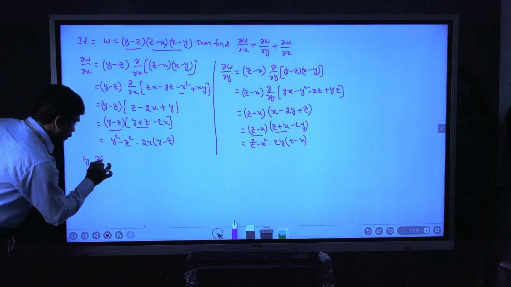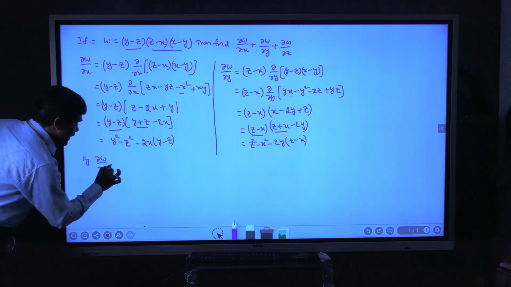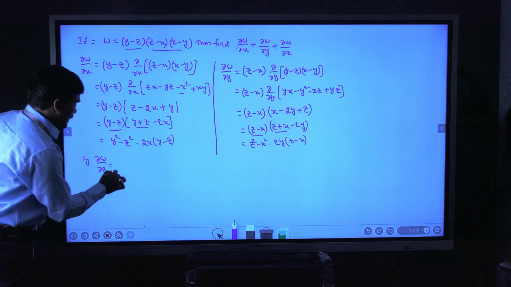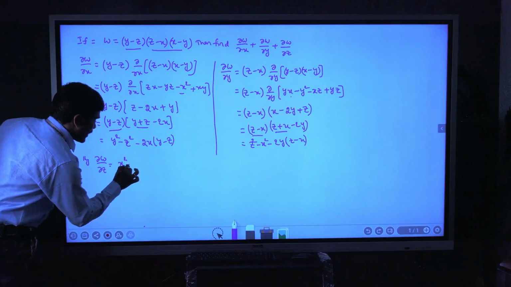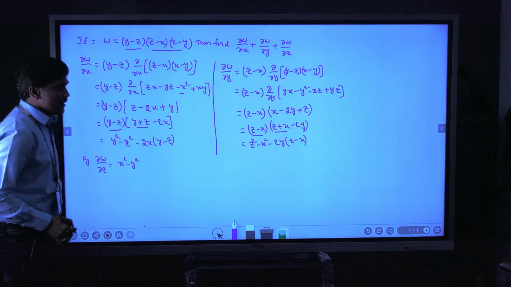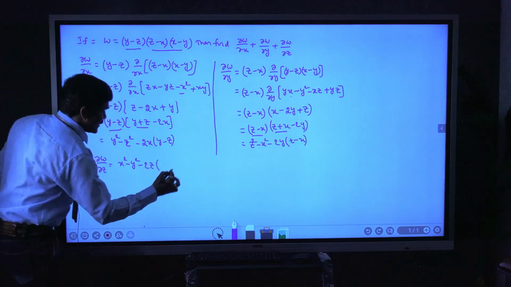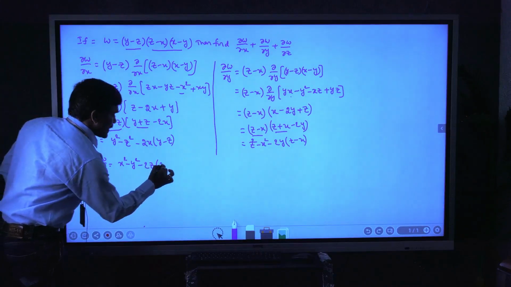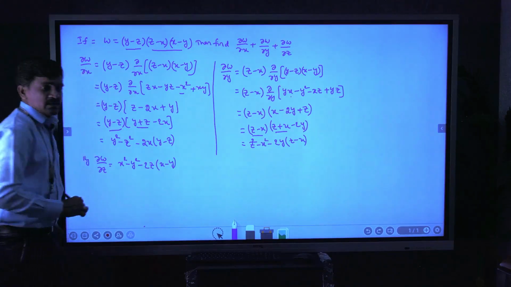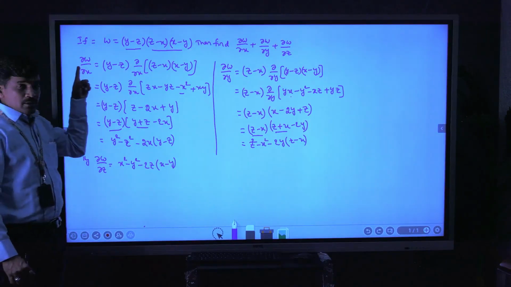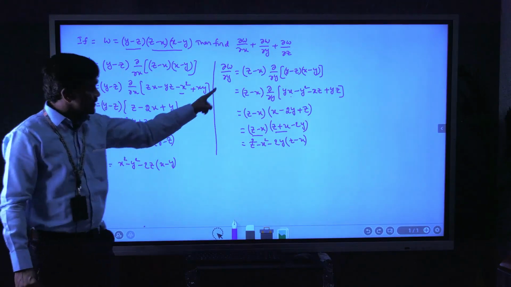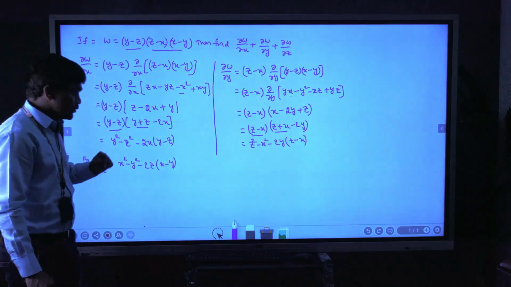Dou w by dou z can be written as x square minus y square, and with respect to z, minus 2z into x minus y. So these are w with respect to x, with respect to y, and with respect to z.